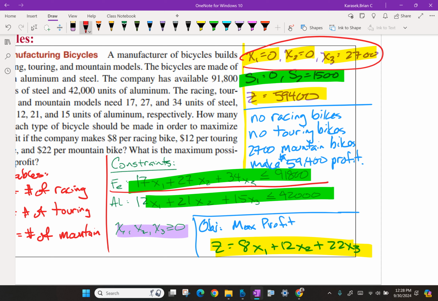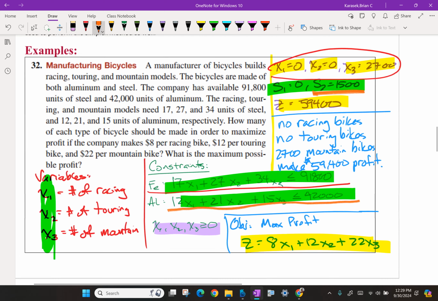The right-hand side is 91,800. So there's no slack or no leftover iron. Slack 2 being 1,500 tells me that if you were to take that solution and put it into the aluminum constraint, because that was the second one I typed in, the left-hand side would work out to be 1,500 less than the right-hand side, or there are 1,500 units of aluminum left over in the end.